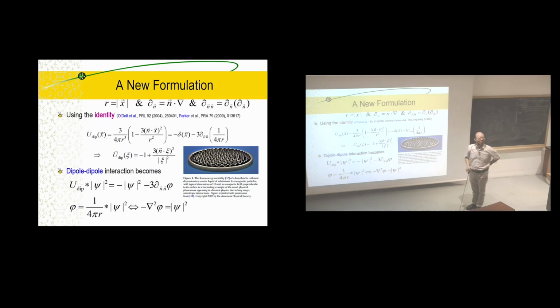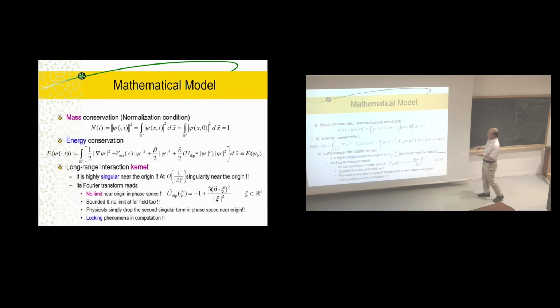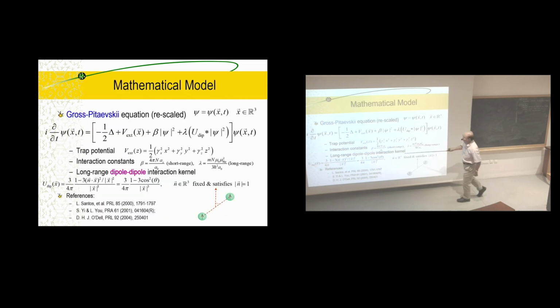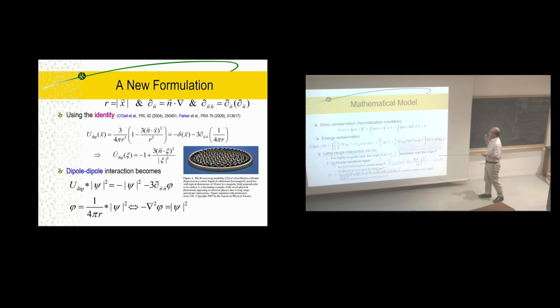The Fourier transform of minus Laplacian is this guy, so it's the inverse. So from this formulation, you can get this Fourier transform straightforwardly. But of course, if you use the sphere coordinate to calculate the Fourier transform directly, it's very, very tedious. You will need several pages to get the result.